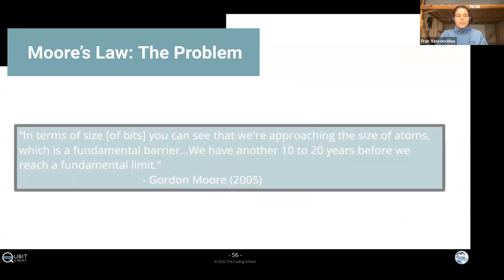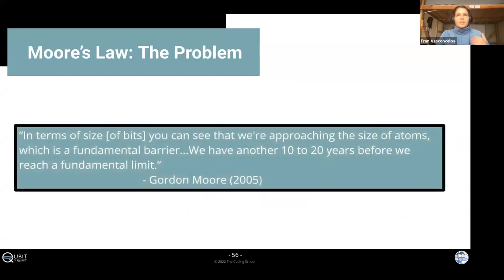But we've found that we're making transistors so small nowadays that we've reached an actual physical limit to our ability to make them any smaller.